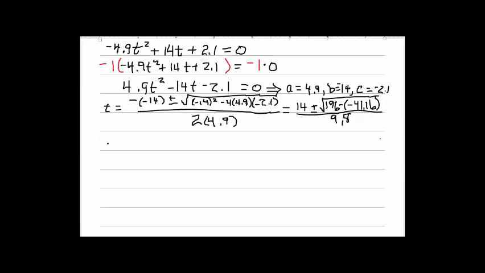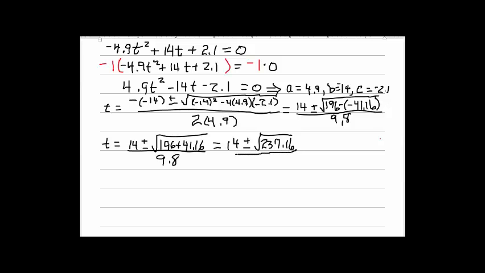So I wind up with t equals 14 plus or minus the square root of 196 plus 41.16 all over 9.8, which is 14 plus or minus the square root of 237.16 divided by 9.8.